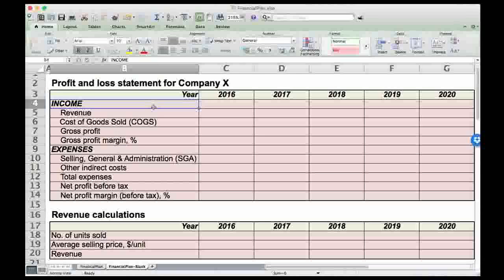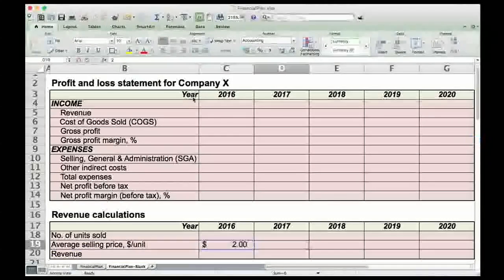We have an income section, we have an expense section, and this is the profit and loss statement for 5 years: 2016, 17, 18, 19, and 2020. So let's first look at revenue. I have a small table here for revenue calculation. We have number of units sold, average selling price, and revenue.